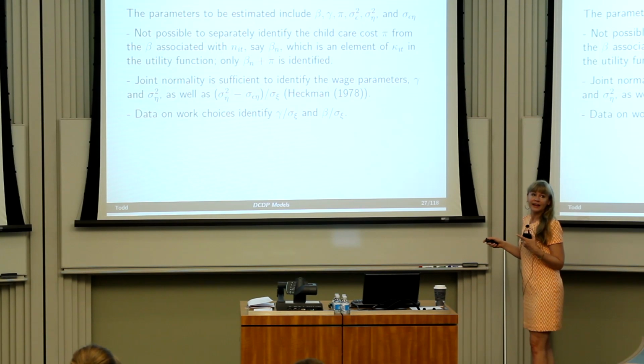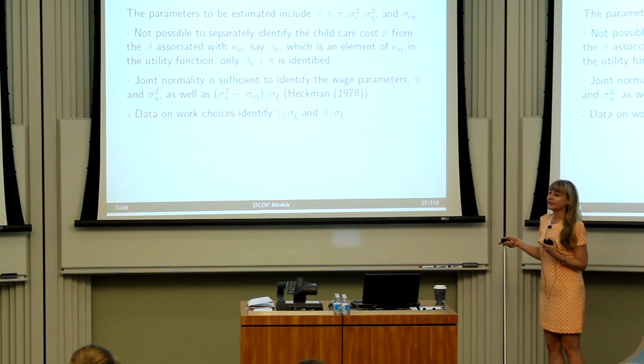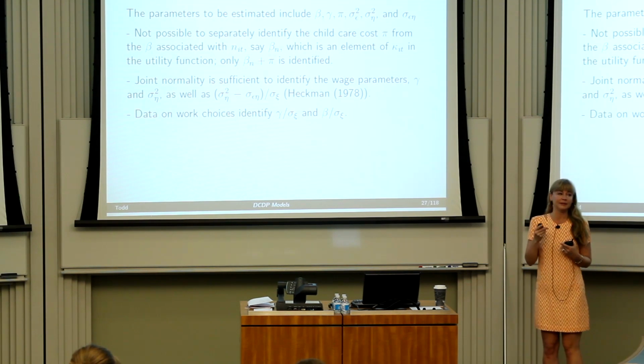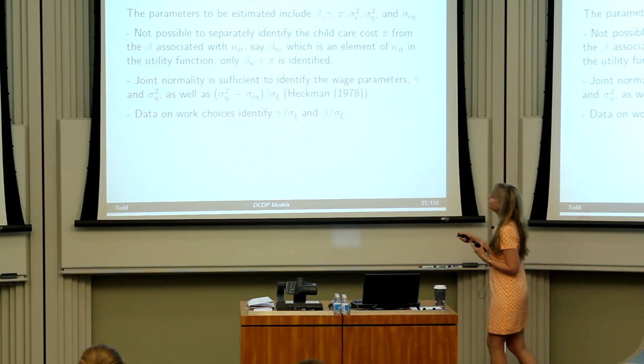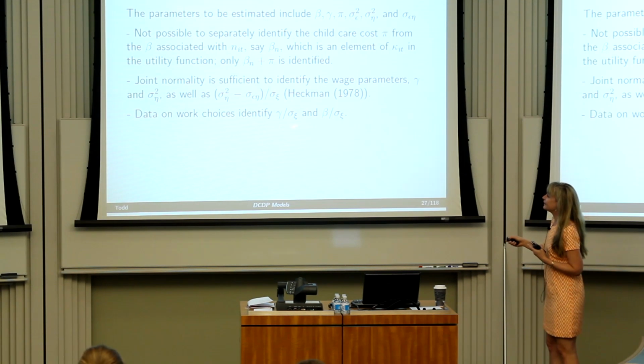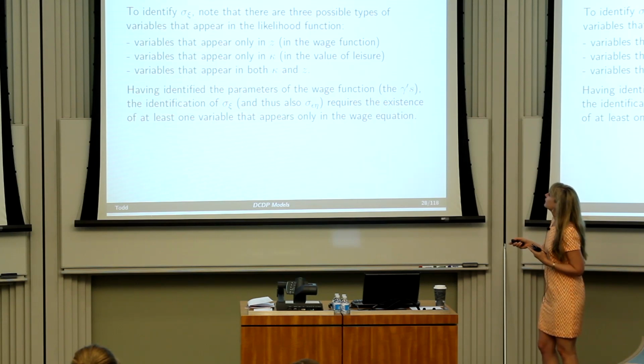And once you have that, one of these is going to be pi over sigma psi, and once you have that, you get pi. So the exclusion restriction is important to being able to estimate pi directly, because it's important to get the sigma. And you'll see, I think, on the next slide, why sigma is very important to do policy analysis. Okay.